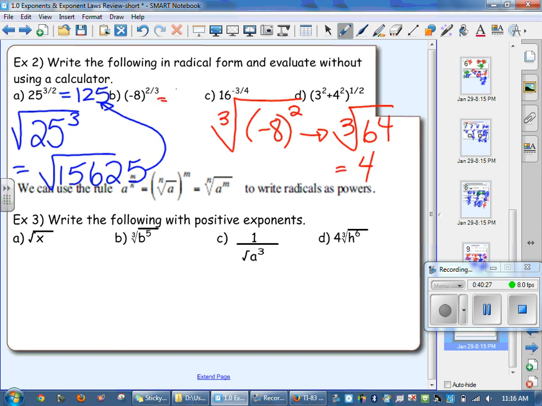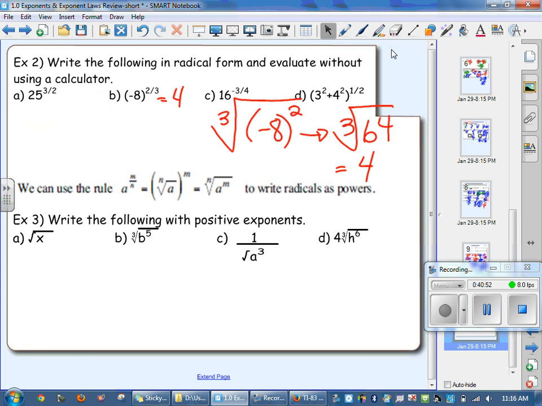Letter C, we have a negative exponent, so we've got to flip him first and then put him into radical form. So I'm going to put C over 1 and flip him. So I'm going to have 1 over 16 to the positive 3 over 4. That means I'm going to take 1 over the 4th root of 16 cubed. Now I find 16 cubed, which is 4096.